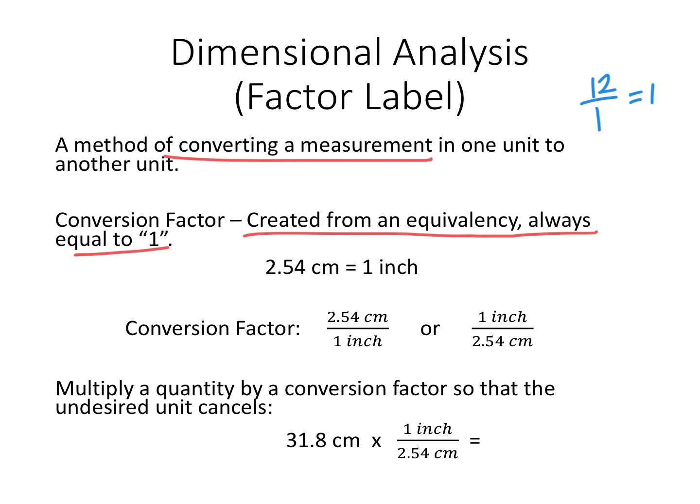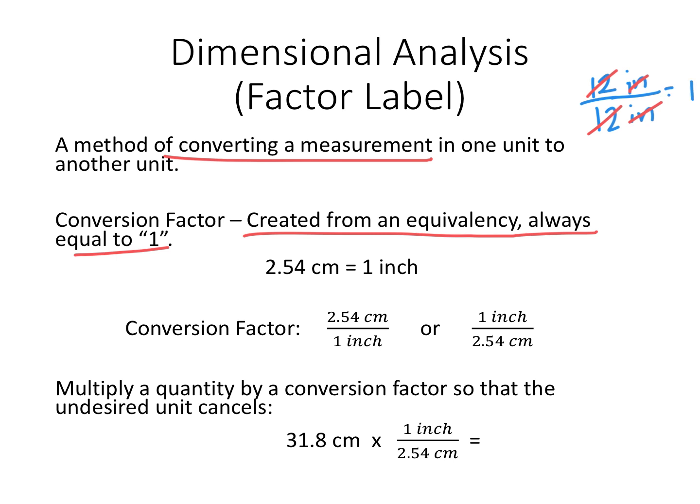What if this was 12 over 12? Well, our math teaches us that 12 divided by 12 is 1. What if it were 12 inches over 12 inches? Well, that's also equal to 1 because the 12's both cancel and the inches both cancel.